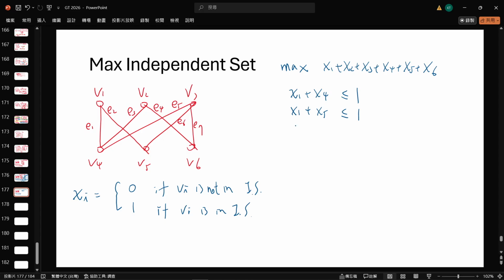And for E3, it's x2 plus x4. And for E4, it's x2 plus x6. And for E5, it's x3 plus x4. So for every edge, there's a corresponding constraint saying that you cannot choose both endpoints, okay? Because it's an independent set.